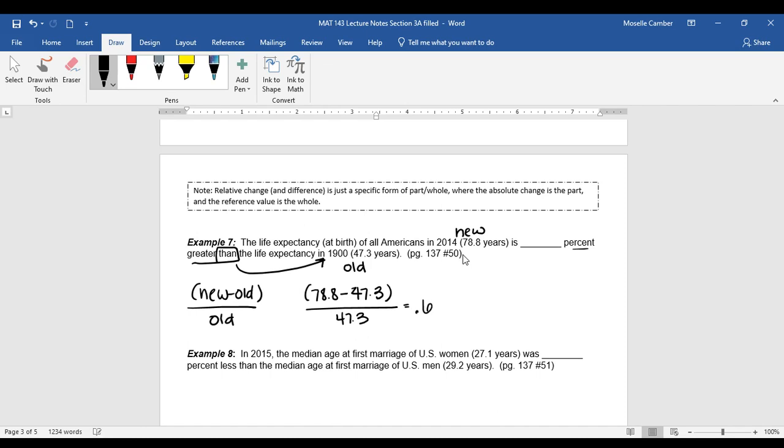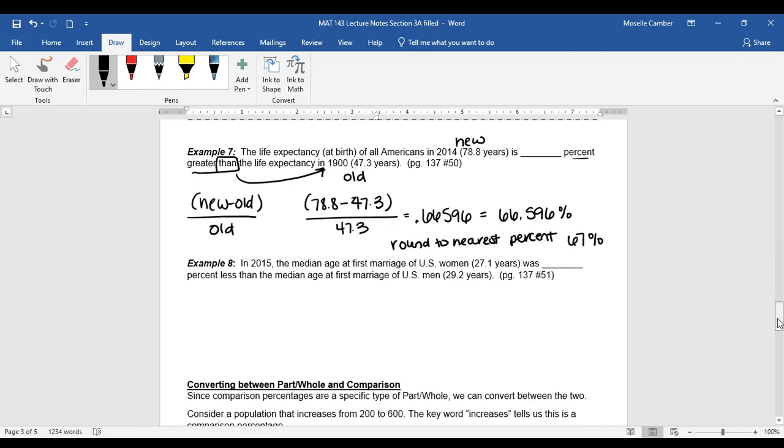And then we get 0.66596, which as a percent is 66.596. And then, of course, round it at the end to whatever you need to. So say, for example, I wanted you to round it to the nearest percent. If you look at this whole number, this would be 67%.